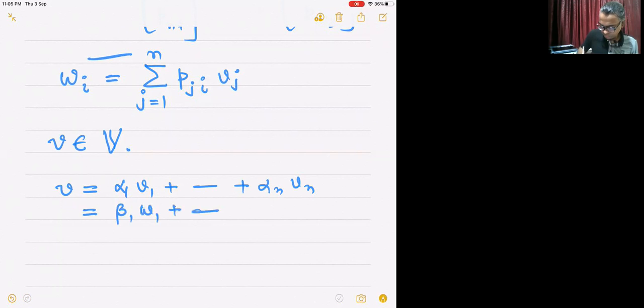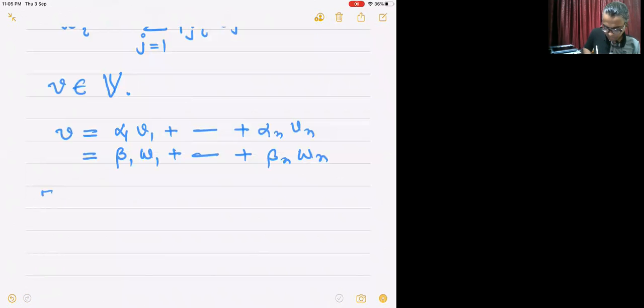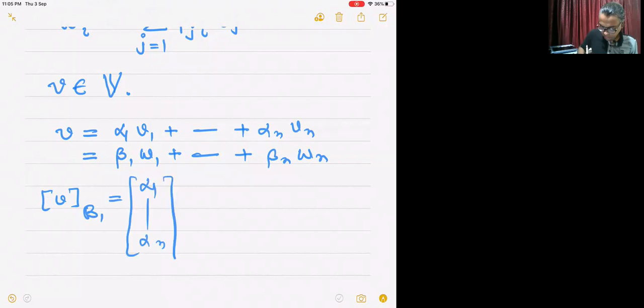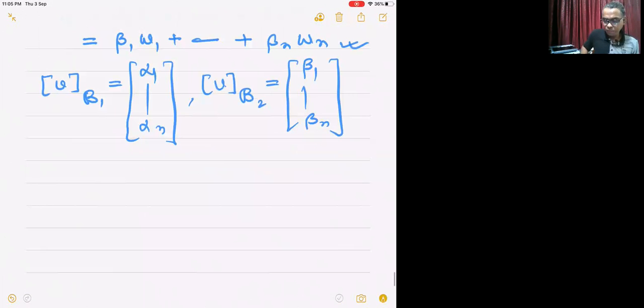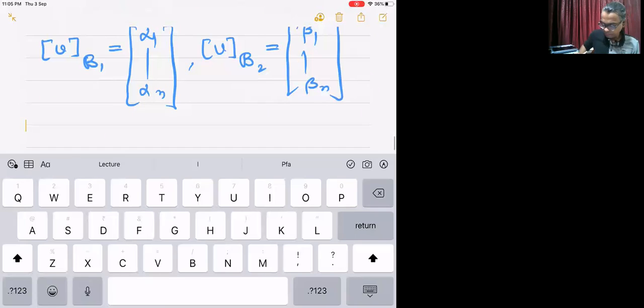Both of them are true, which actually tells us that [V] in B1 is alpha 1 up to alpha n, and [V] in B2 is beta 1 up to beta n, like that. Now we are going to notice this expression. We are going to play with this expression. What does that mean?